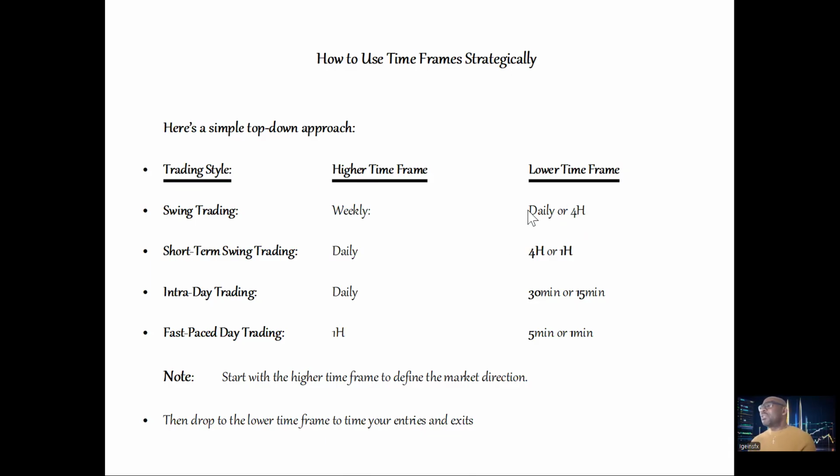When you see 4H, you know it's 4 hour. After you have checked the monthly time frame and the weekly time frame, you scale down to daily or 4 hours for your entry. That means you are swing trading.